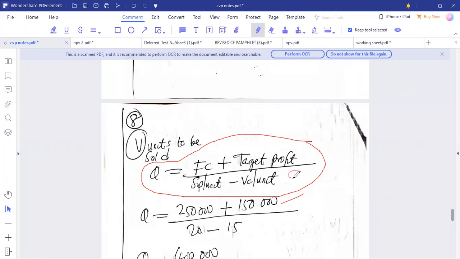This is also called the CPU, the contribution per unit. In an exam, the fixed cost will be given to you, so you check for the fixed cost, then plus the profit stated in the question, then over the selling price minus the variable cost.